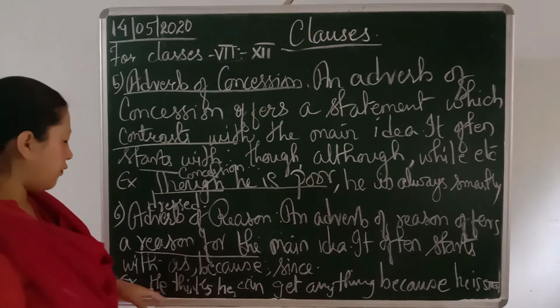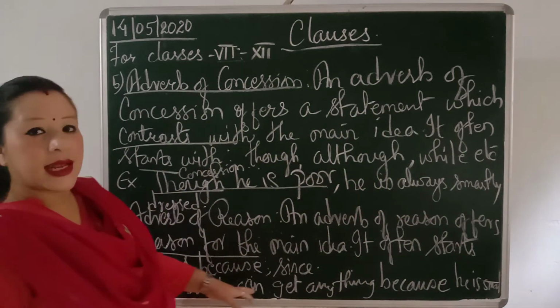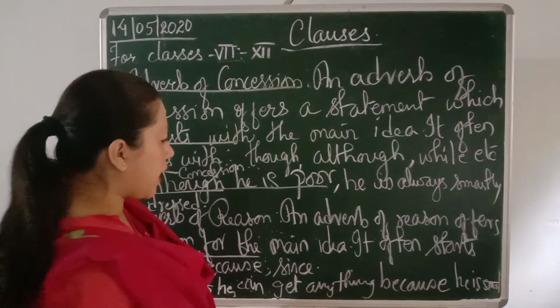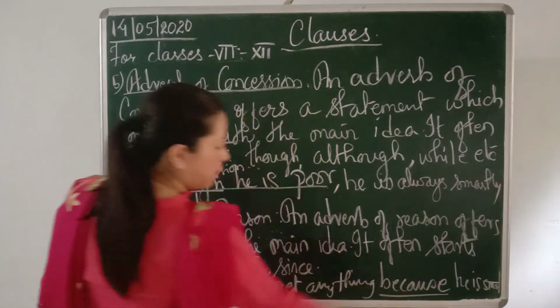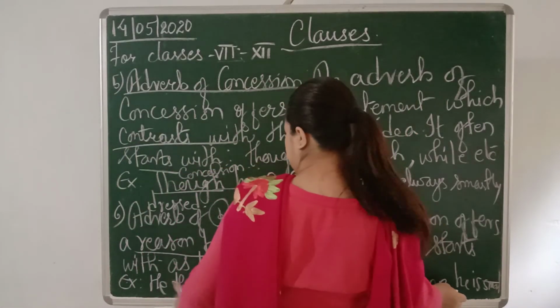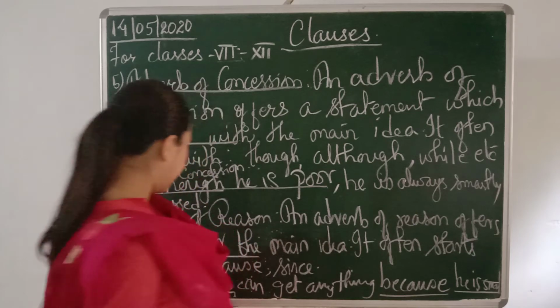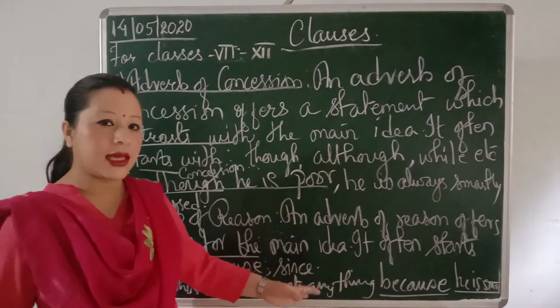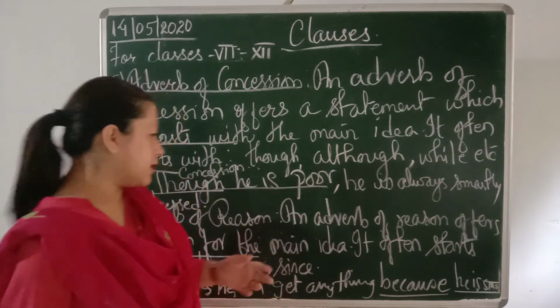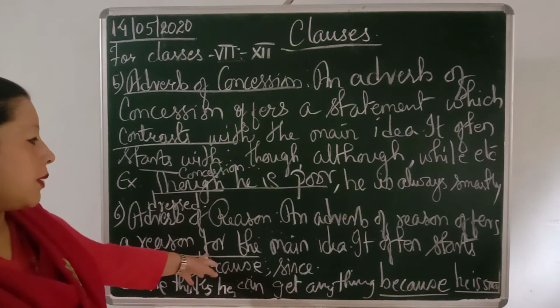So in this sentence you find he thinks he can get anything because he is smart. So here you can find the word because. With the help of this because, the reason is given. For example, he thinks he can get anything. Why? Because he is smart. He is smart is the reason for the main idea here.